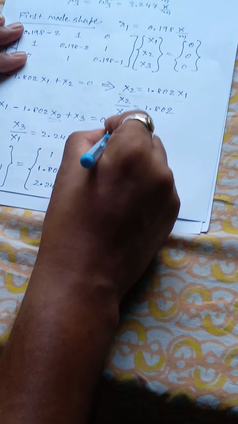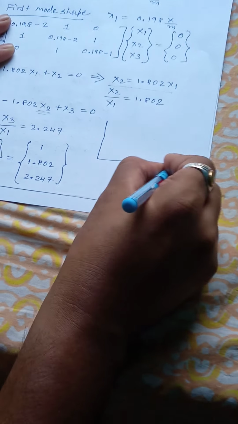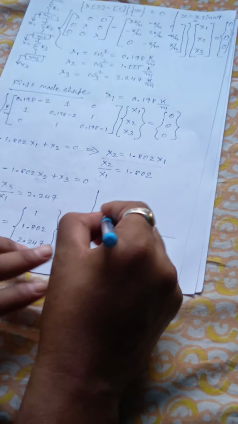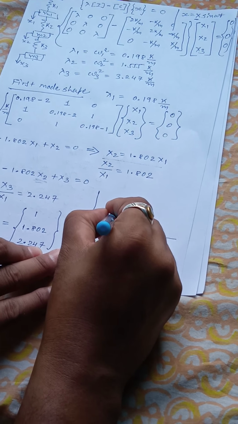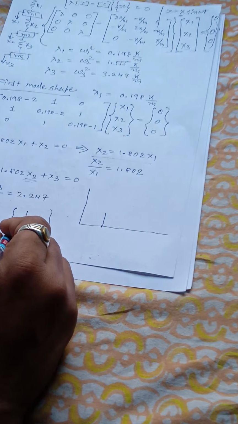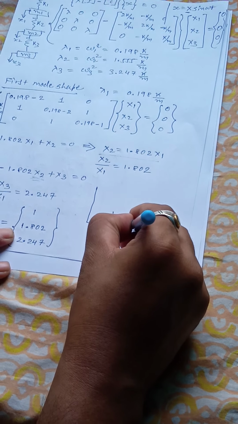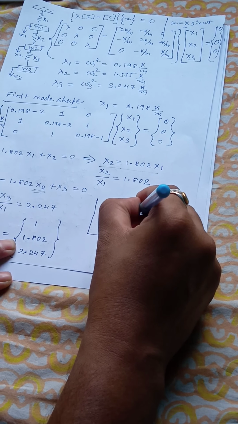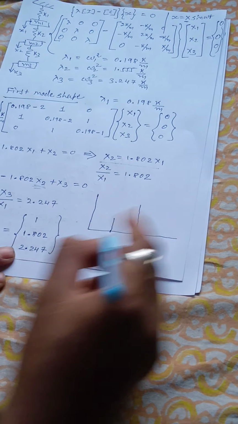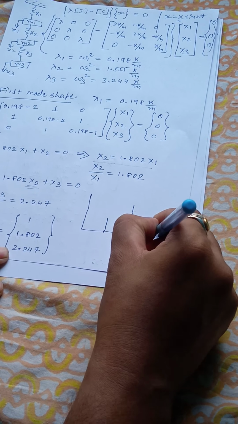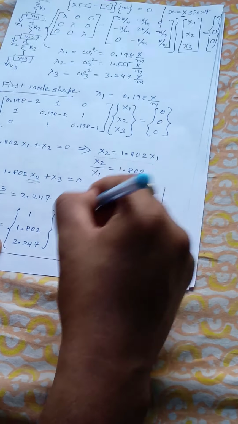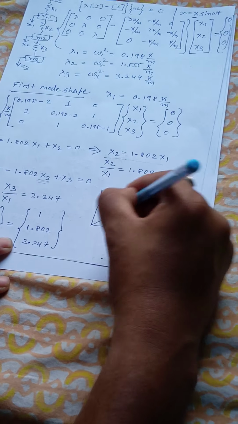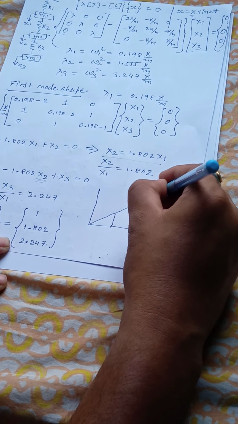So the deflection or displacement of these three particular locations is: for the first it is unit value, for the second it is 1.802, more than 1, and 2.247 for the third one, x3 by x1. So it is like this. So this is the mode shape.